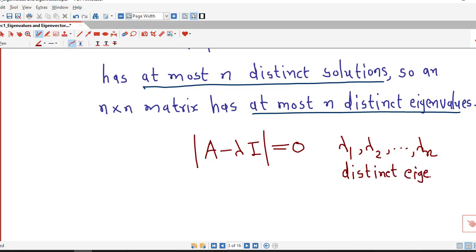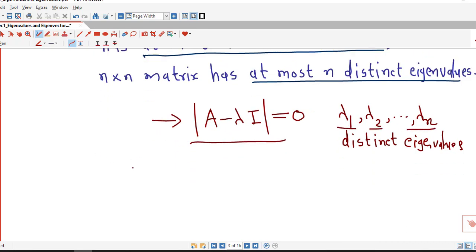That means there are always n eigenvalues. Some of them may be repeated, or some of them may be distinct, or all the eigenvalues may be distinct. That depends on the given matrix. But the first step is to solve the characteristic equation. After solving this equation, we will obtain the eigenvalues.